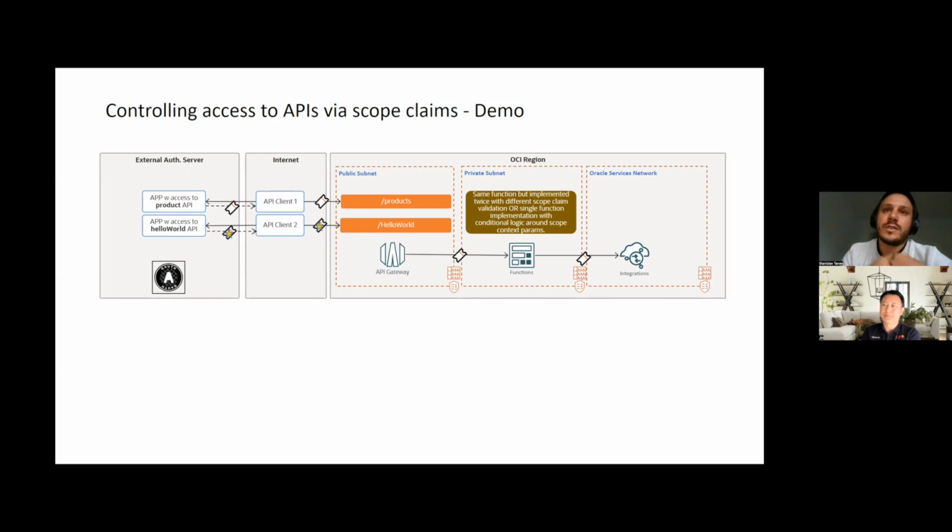Now you could use the same function with the same config but different parameters and then do conditional statements within your function. Or there's another approach which is way neater and means you only implement your function once, and I'll show that in a subsequent demo. So really I'm just showing the different ways that you can do the implementation here.